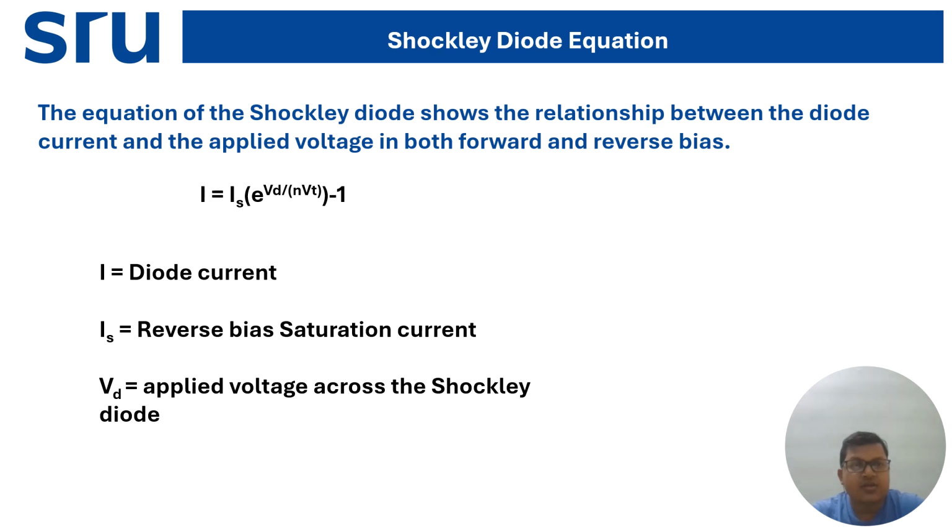The equation of the Shockley diode shows the relationship between the diode current and the applied voltage in both forward and reverse bias.